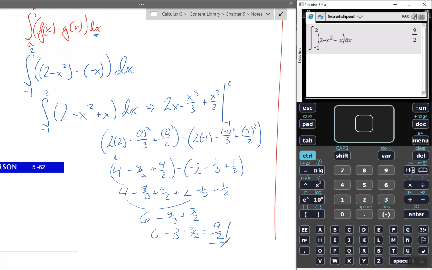The next thing we need to do is find these 2 points of intersection, and where these two meet is where the two equations are equal to each other. So we want to go and set this up. From here, it is a quadratic, so we want to get everything to one side or the other. I'm going to get everything to the left to keep this x squared positive, so we're going to minus x minus 1.